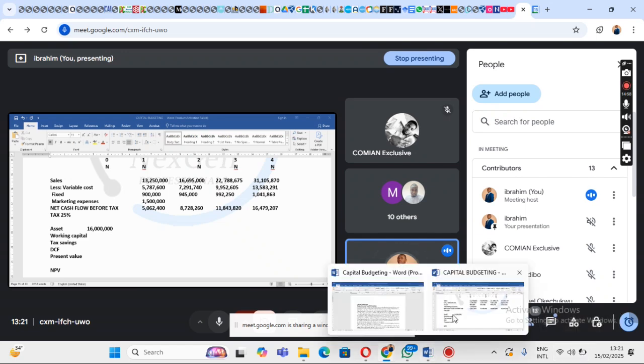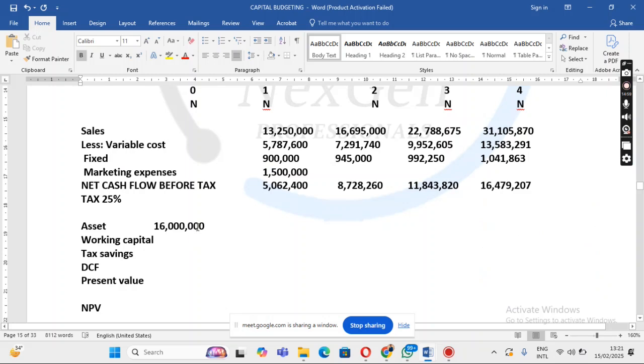So now, the working capital at year zero is 1,025,000, right? I need to get the figures for every year.